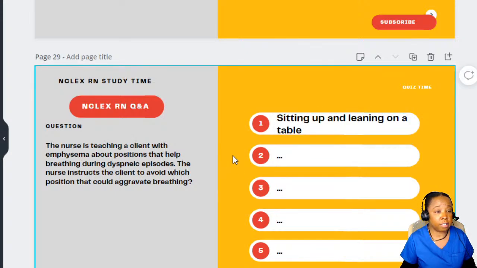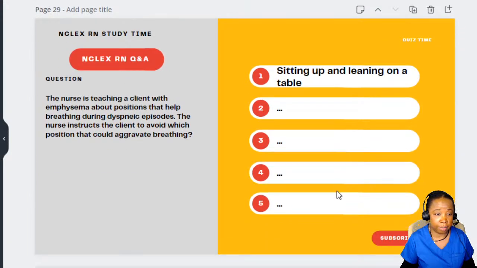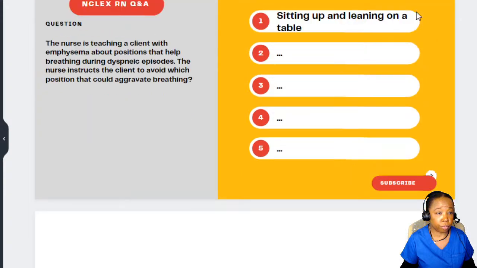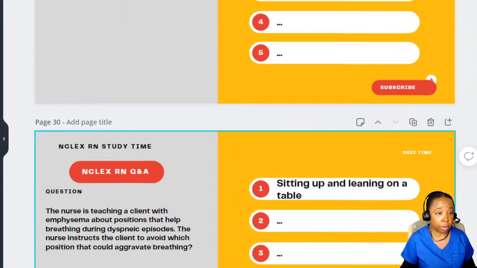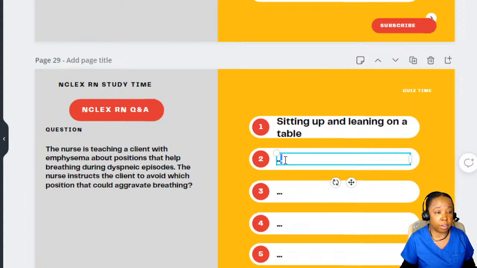The first one says sit up and leaning on the table. You remember we had that one. You know what it does for a patient with emphysema, right? And the second one says standing and leaning against a wall.